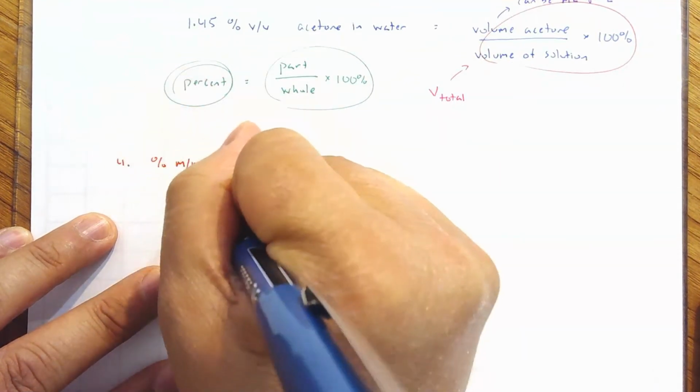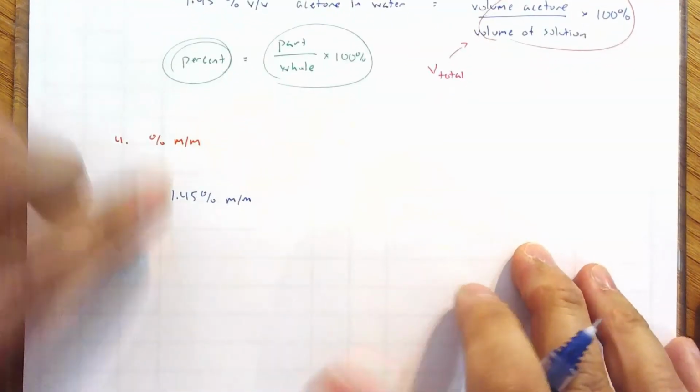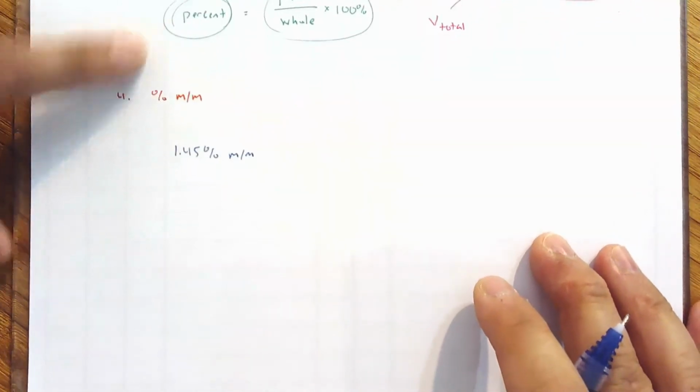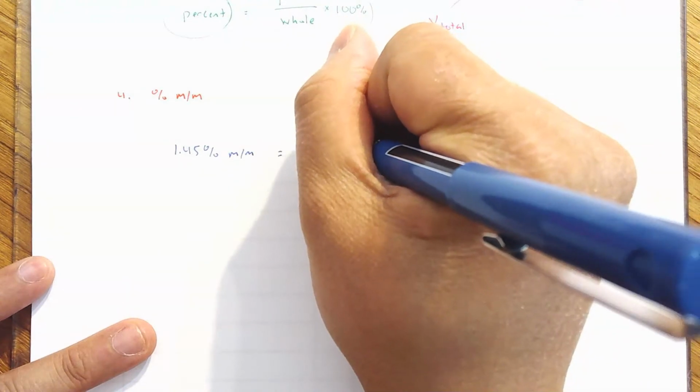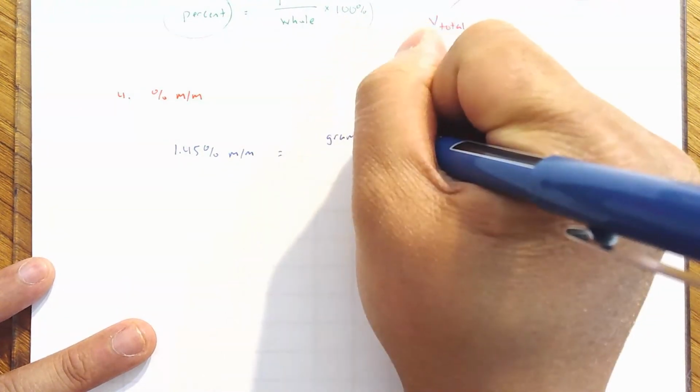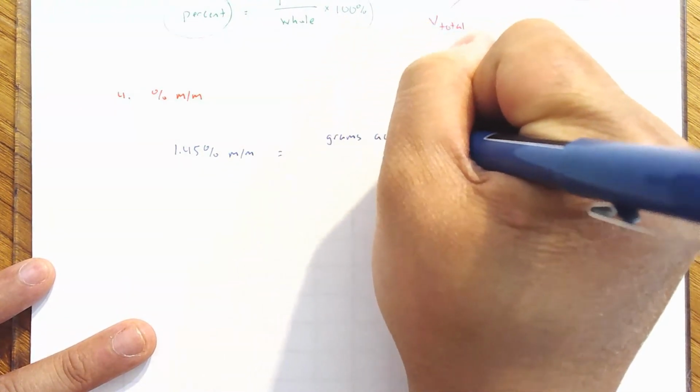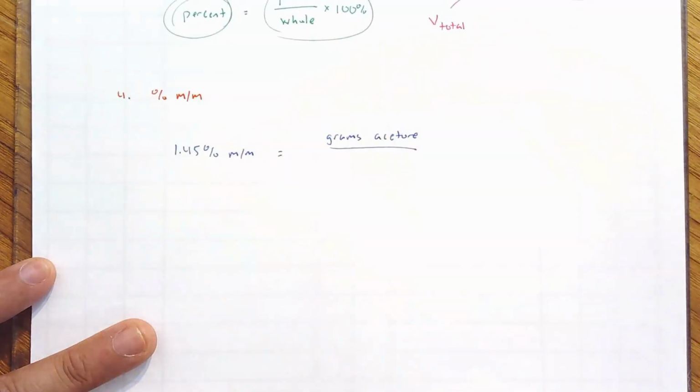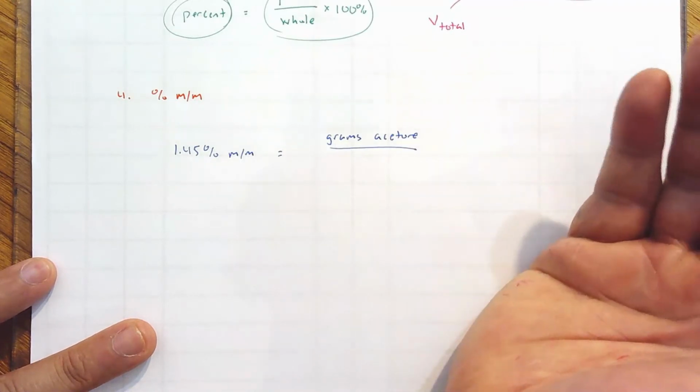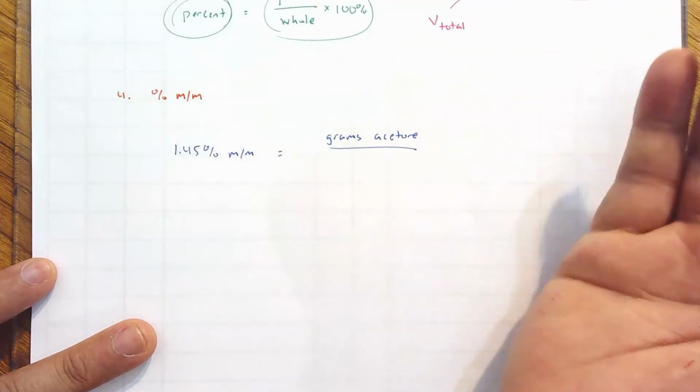1.45% mass to mass. Now that I'm confident that it's part over whole, this is the same as maybe grams of acetone. Now, usually mass is additive. You put it on the balance and you have 100 grams of water.